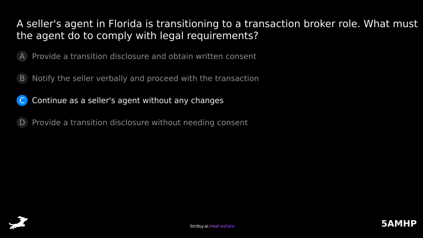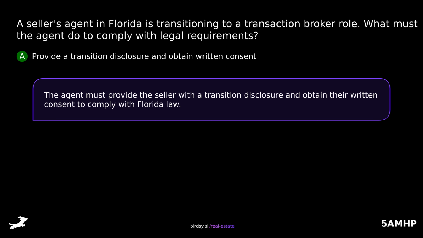C, continue as a seller's agent without any changes? Or D, provide a transition disclosure without needing consent? The answer is A, provide a transition disclosure and obtain written consent. The agent must provide the seller with a transition disclosure and obtain their written consent to comply with Florida law.